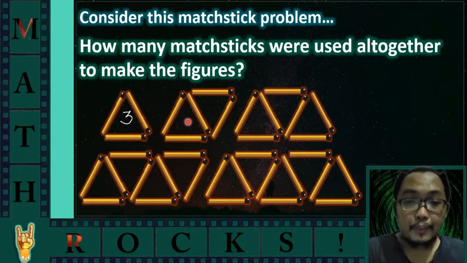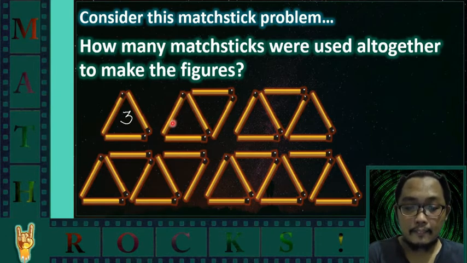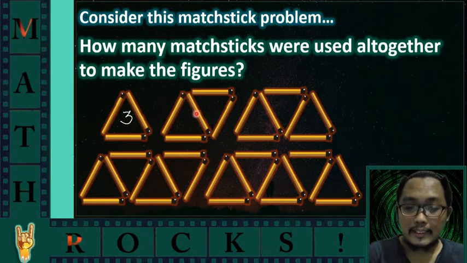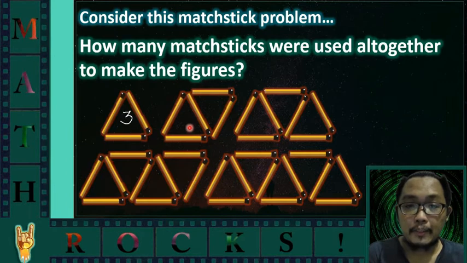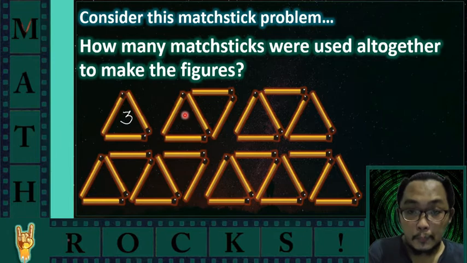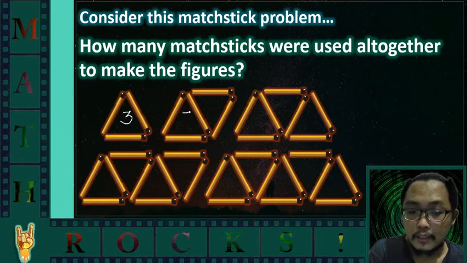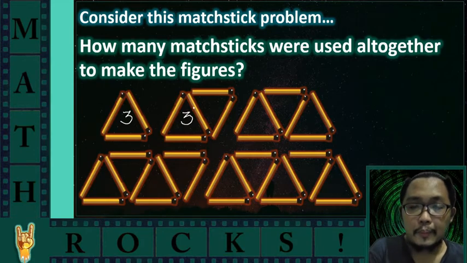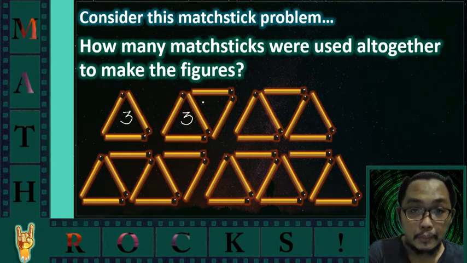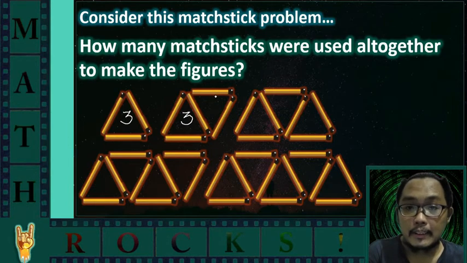And on the other figure, you will notice that this figure right here is the exact figure here. Since we have already counted that we need 3 sticks to come up with such figure, we only need to count the additional number of matchsticks.